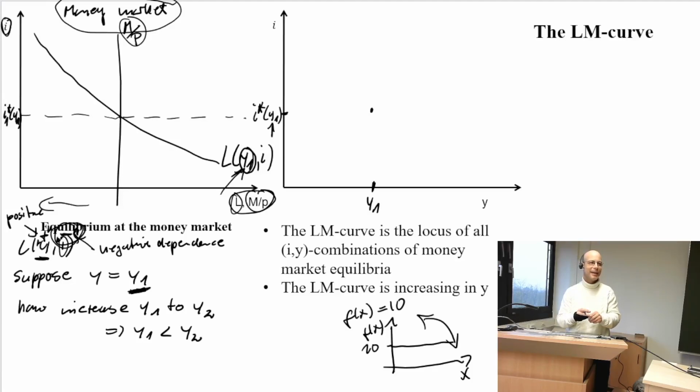No, the positive means here the positive dependence on income. So we don't know if it's really a parallel shift because we do not actually know the specific function on y, but we know it is positive. So we obtain, of course, somehow a shift to the right.